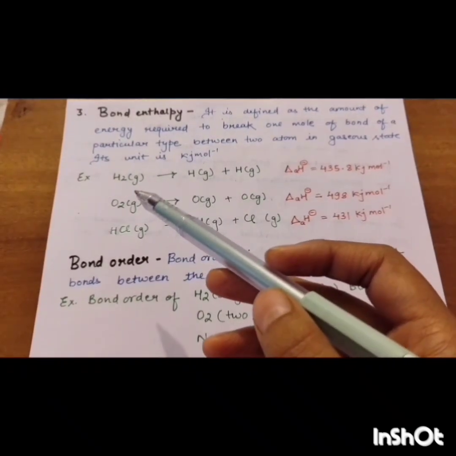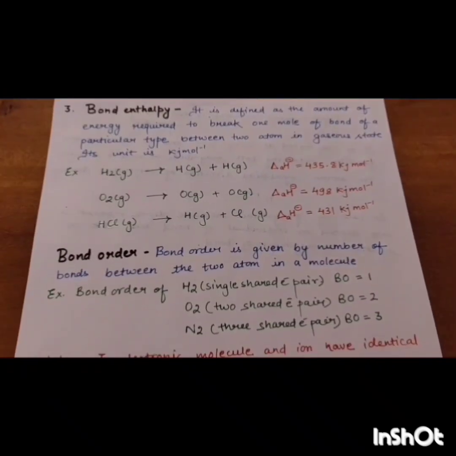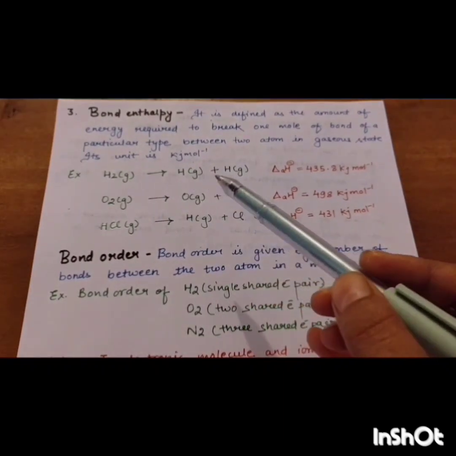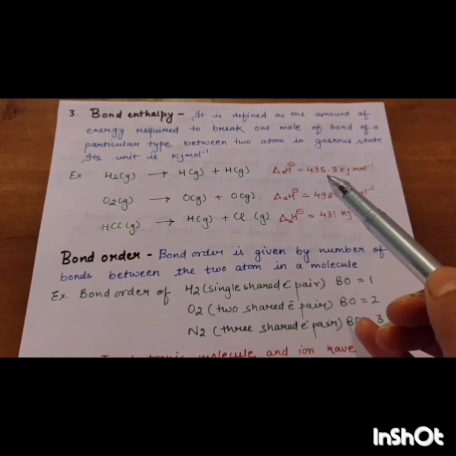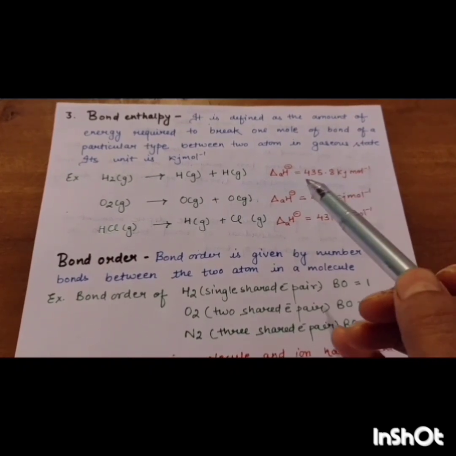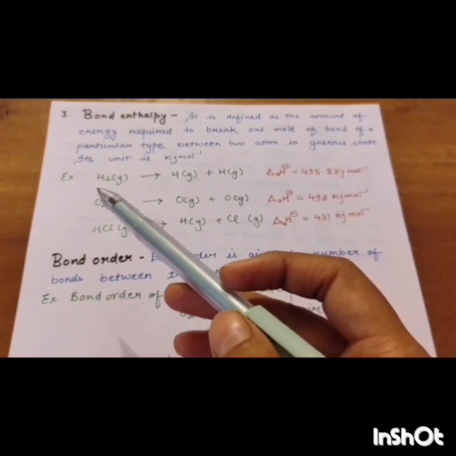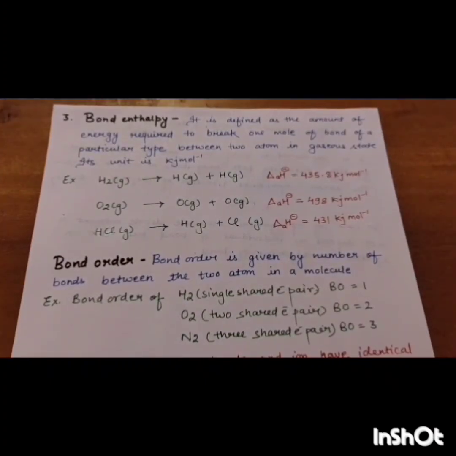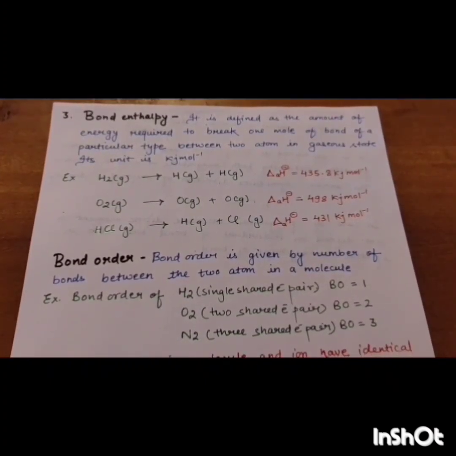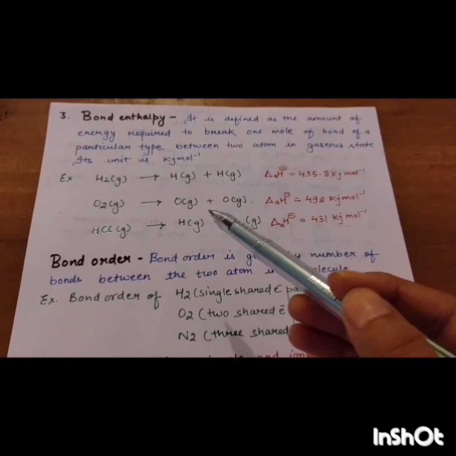In the case of hydrogen, the bond enthalpy is 435.8 kilojoule per mole. It is the amount of energy required to break the hydrogen bond. Next is the oxygen molecule.